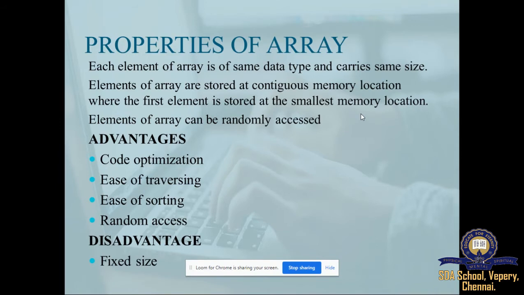And ease of sorting, that is, you can easily arrange the elements in an array in sequential order. And you can randomly access the first element, the last element, or any element at any position. But the disadvantage is that it has only a fixed size. When you define an array of 100, then only 100 elements can be stored, not more than 100. This is a major disadvantage of an array.